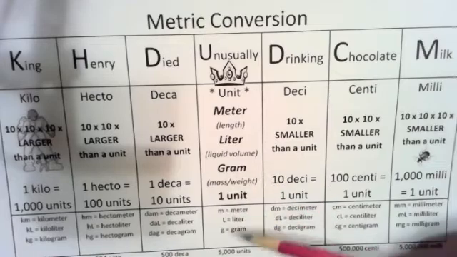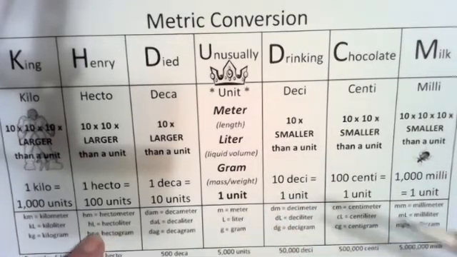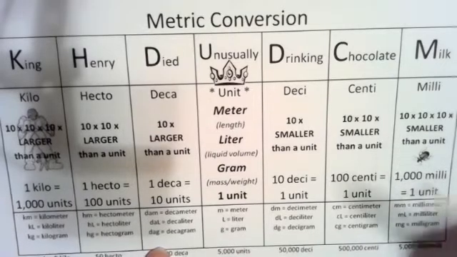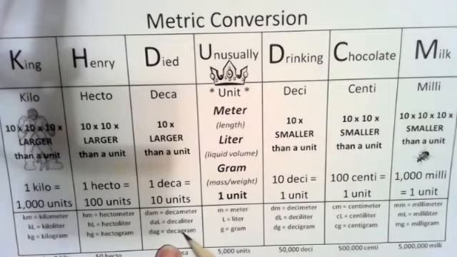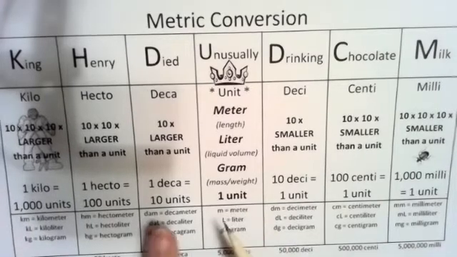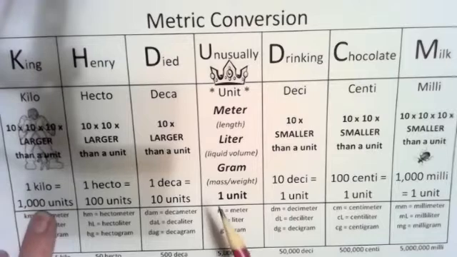So as you're moving from the middle to the left, you are going to be moving the decimal point 1 space to the left. So 1 meter becomes 0.1 decameter. If we were to move all the way over to a kilometer, it is 3 spots. So you're going to move the decimal to the left 3 places.